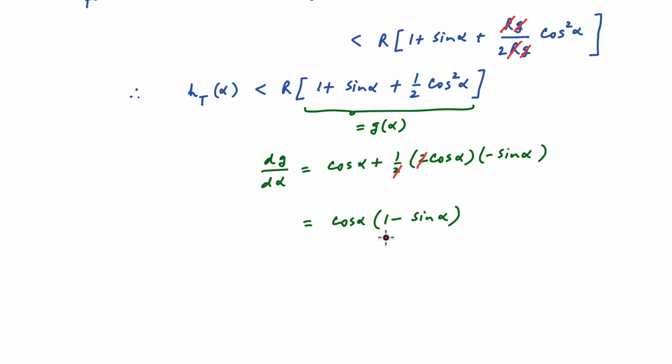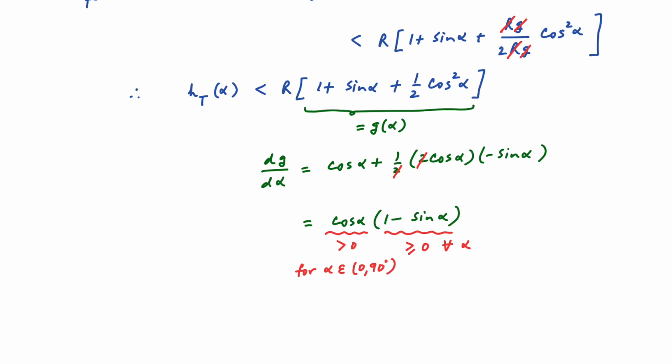Now, sine alpha is always less than or equal to 1 for all values of alpha. Therefore, 1 minus sine alpha is always greater than or equal to 0. And the first term outside the brackets, cos alpha, is strictly positive for values of alpha lying between 0 and 90 degrees, which is the case here for the rotating wheel.